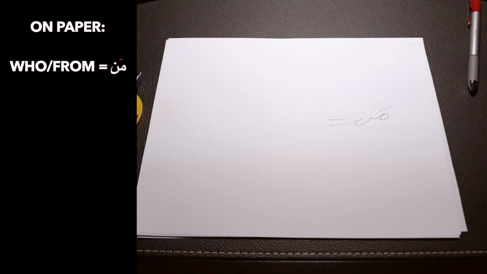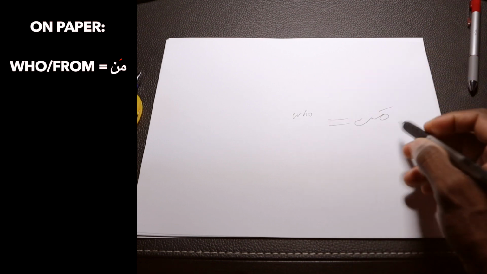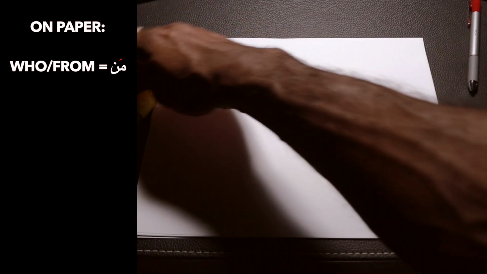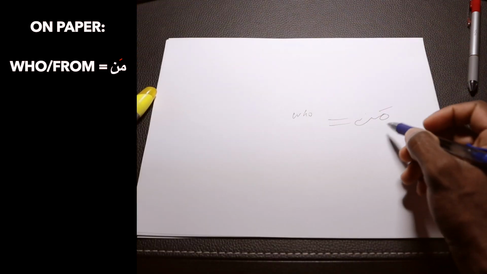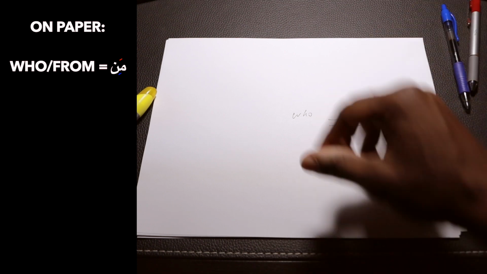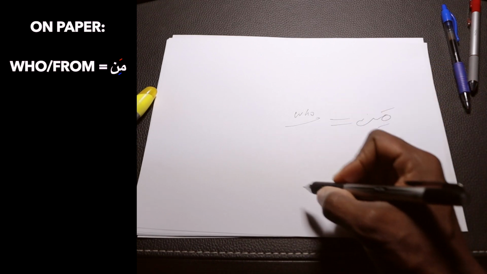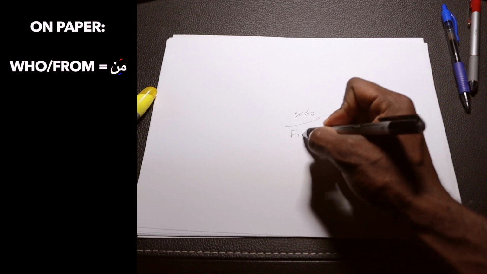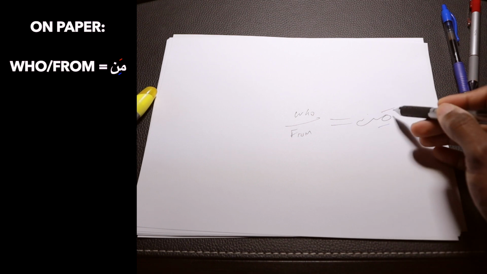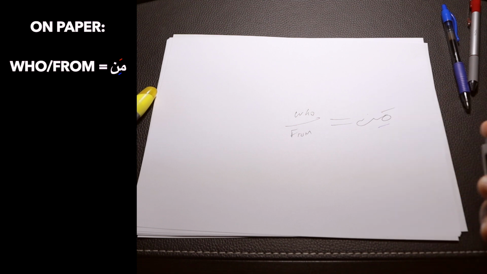Well, now it means who, man, who. But let's say that we put the kasra underneath it. Now it means from. So depending on which of these you use, they can mean different things.